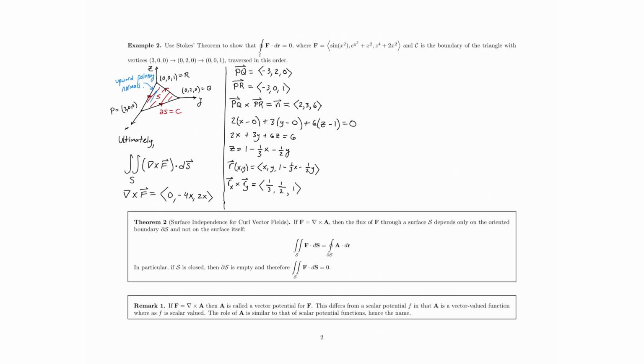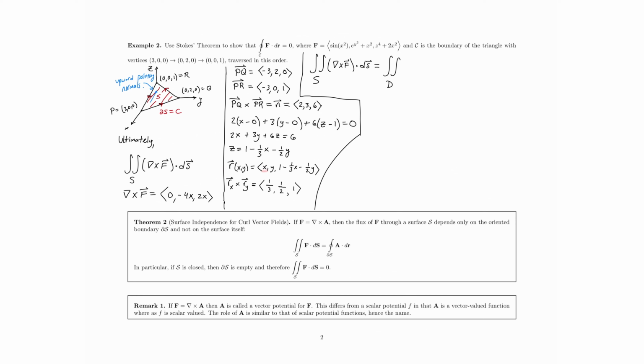So with that, we can go ahead and begin our process here. So the double integral over S of curl of f dot dS is equal to, this would be the double integral over D. We're going to take the curl, which is right here, and then this is where it can be a little confusing for some people. Normally what we do is we replace x with whatever the x component is of our parameterization.